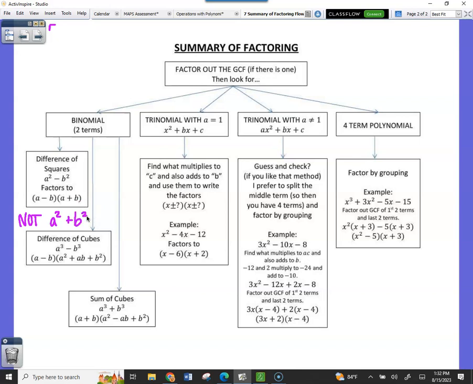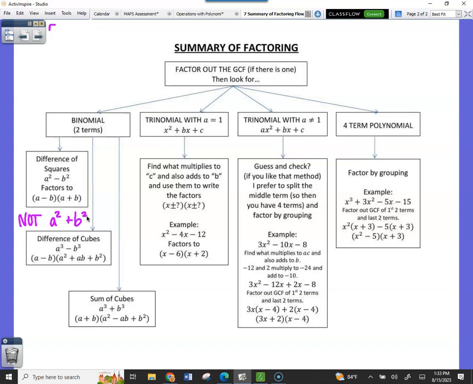Do you remember learning that if it's a quadratic and it's a plus sign in the middle, it will not factor? It's only when there's a minus sign in the middle. Do you remember that? Difference of squares only factors if they're both perfect and there's a minus sign. If they're both perfect but there's a plus sign, it won't go anywhere.